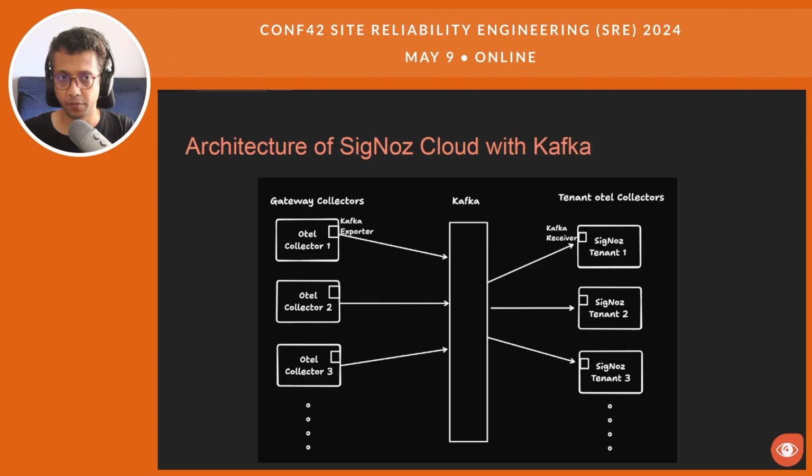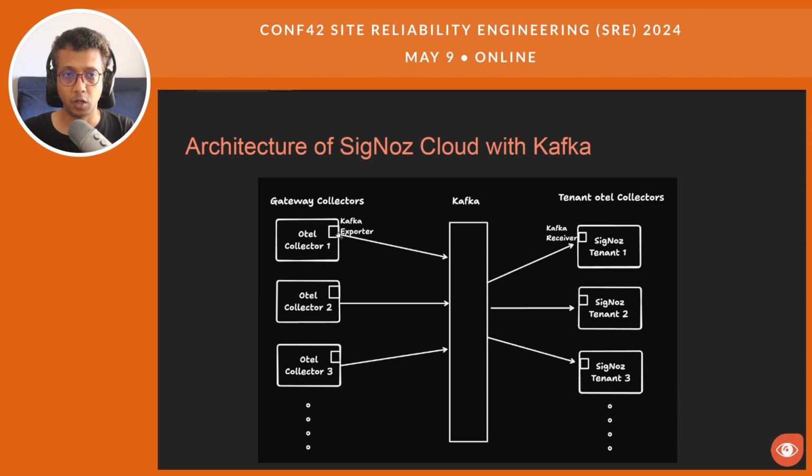It seemed imperative that there should be a queuing system after the gateway OTel collectors, right? So in this example, here is the load balancer. The SigNoz customers send data to the SigNoz load balancer, and then that talks to a gateway of collectors. This is basically a fleet of horizontally scaling collectors which receive data from the customers.